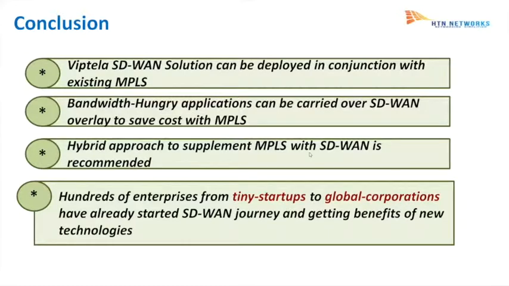This hybrid approach is the better approach to keep both solutions together. And hundreds of enterprises, from tiny startups to global corporations, have already started their SD-WAN journey and are getting the benefits of the new technologies. So this is the conclusion of today's session.